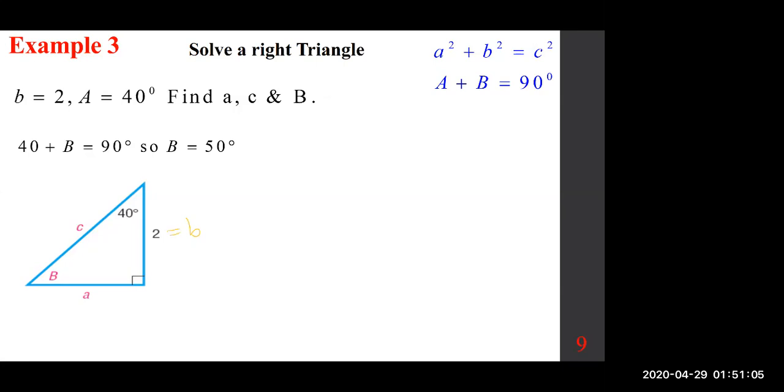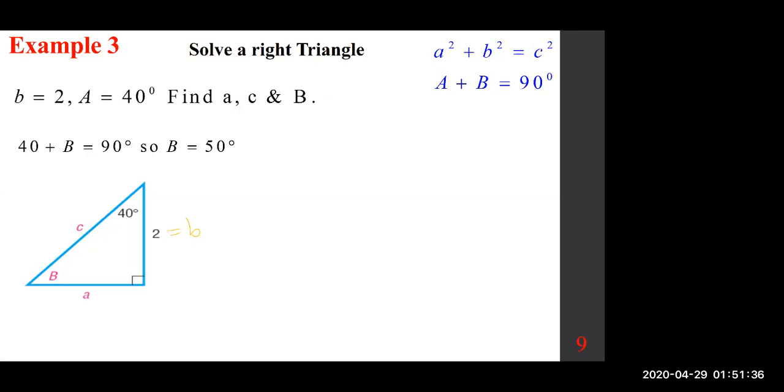So I hope you see that if I use the given information, tan of 40 is equal to what? The opposite over adjacent, which is A over the adjacent, which is 2. Okay. And what about cosine 40?